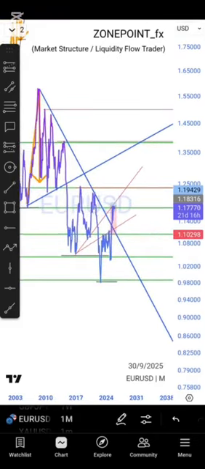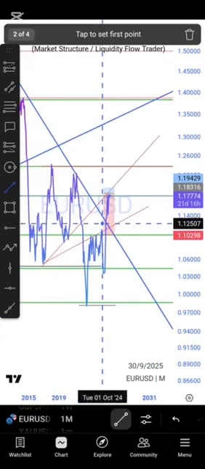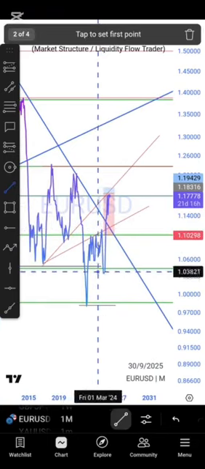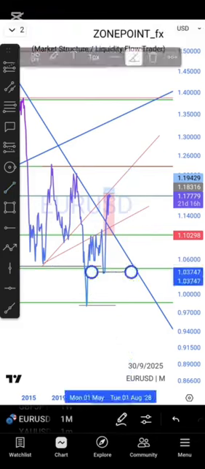Rather, price swept this level, and when price is coming, price shifts back a little bit and taps into our key level to move up.